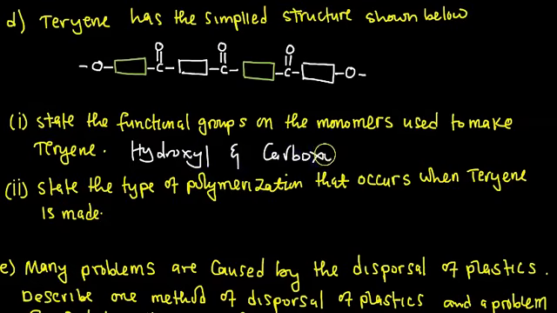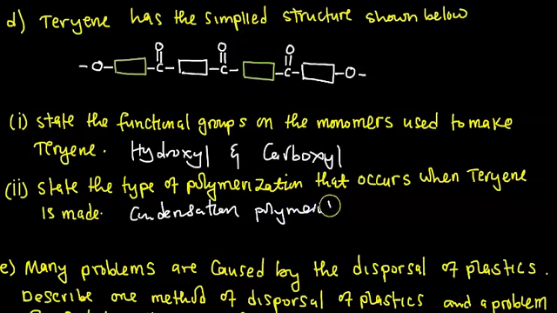These are the functional groups used in the formation of terylene. State the type of polymerization that occurs when terylene is made. That is condensation polymerization, because water is removed in the process.